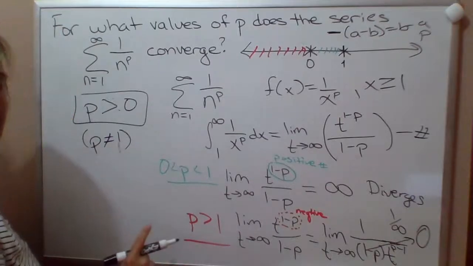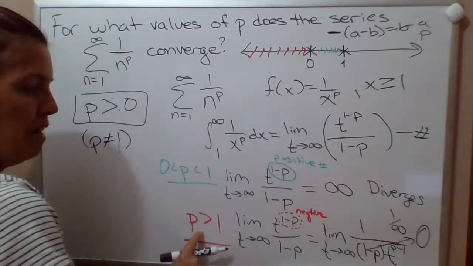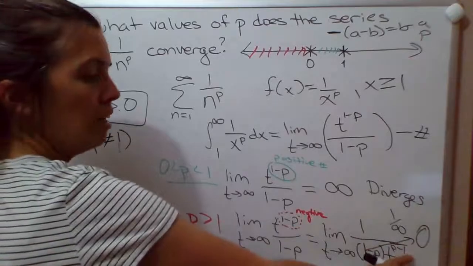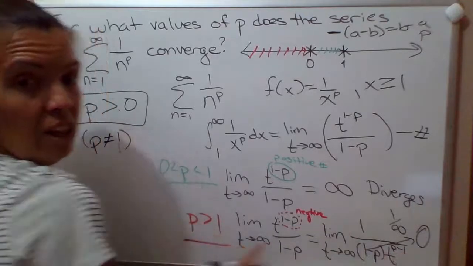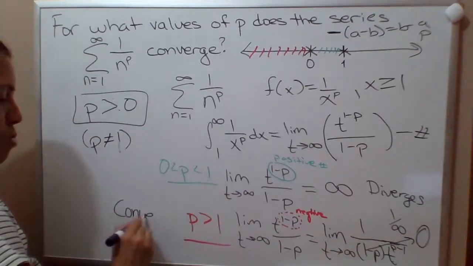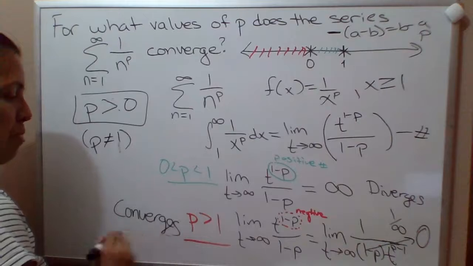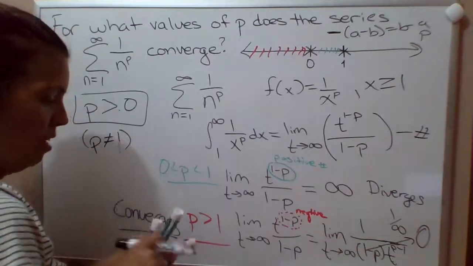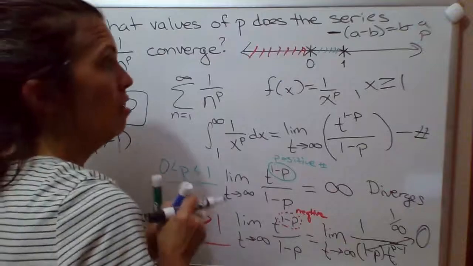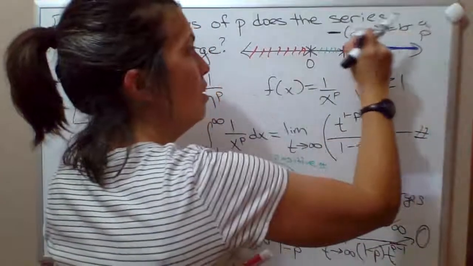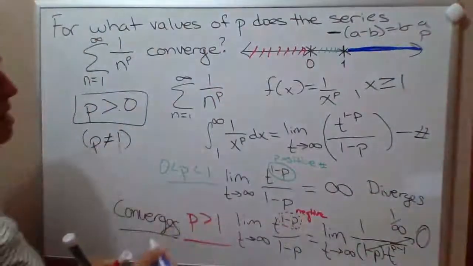I'm sorry, I've run myself out of space, but when p is greater than 1, we're going to end up with a limit of 0 here, which means that the integral converges. We're going to get a finite number overall for that improper integral. So it turns out that it only converges when p is strictly greater than 1, which right there is your P-series theorem.